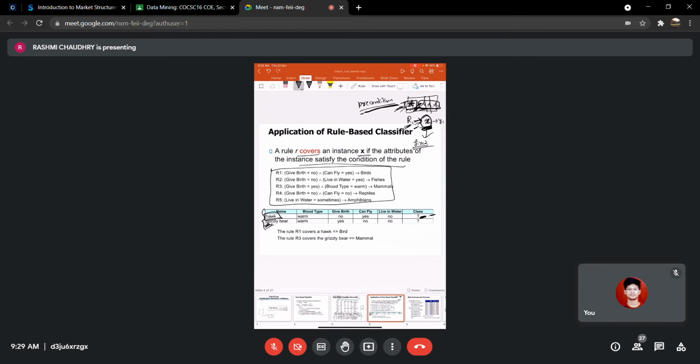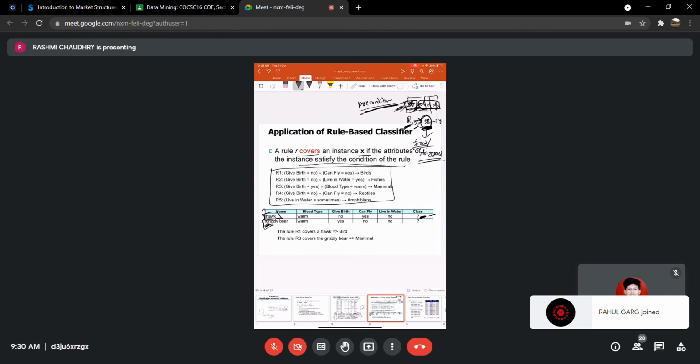So this record t is firing this rule, or I can say this rule is triggered. It is triggered when it covers the given record for the specific attributes defined in that specific rule.